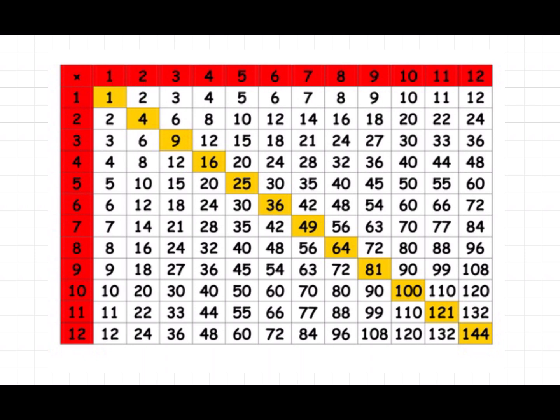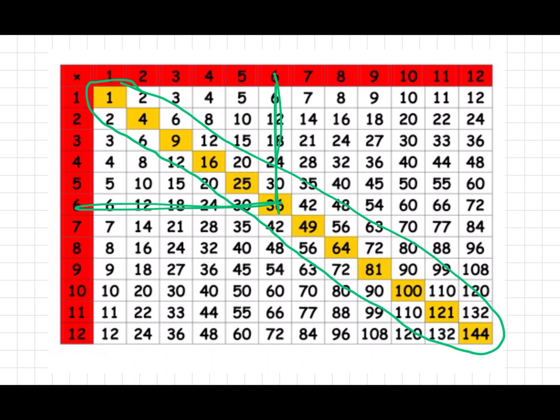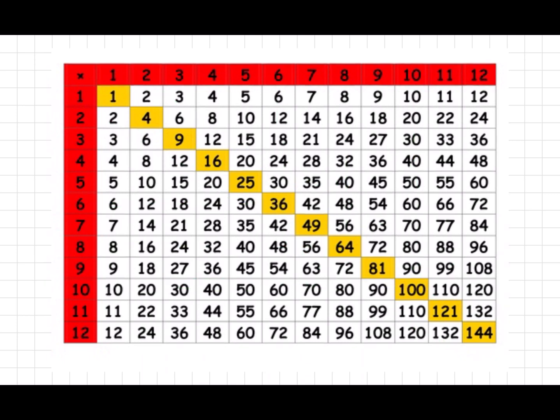So these numbers here, if you read them up and out, you've got 6 times 6. You've got 10 times 10. You've got 8 times 8. So those are our squared numbers.